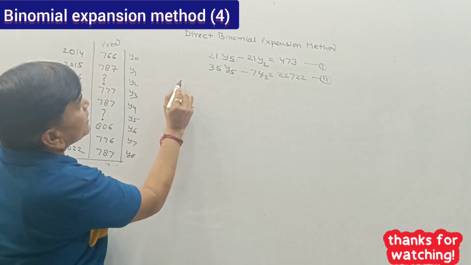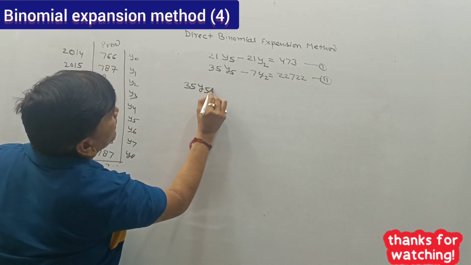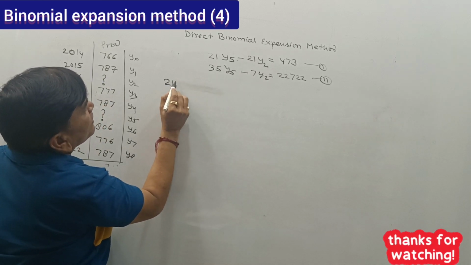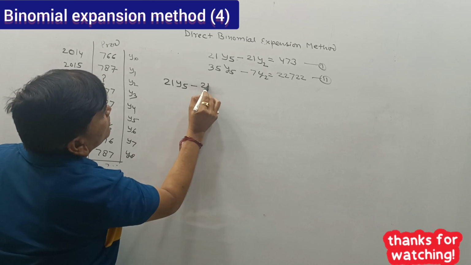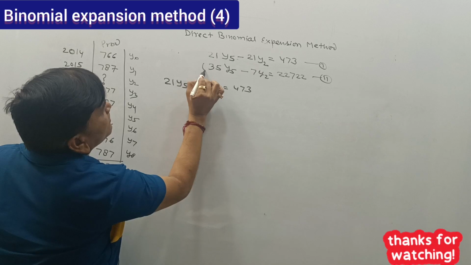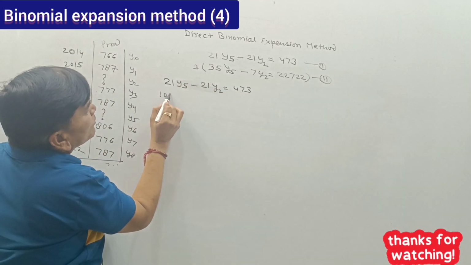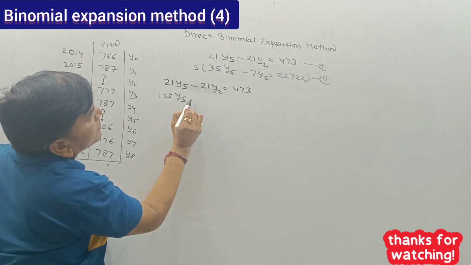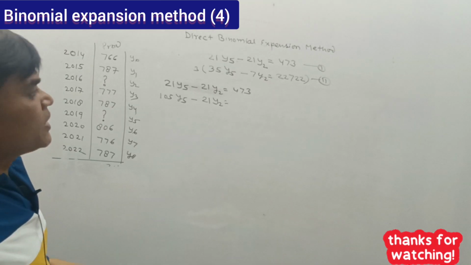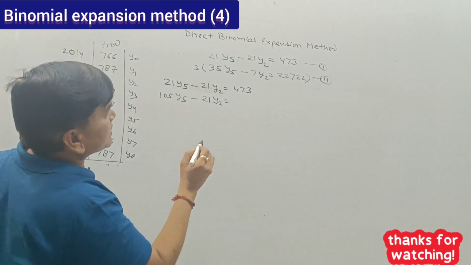So the second equation is 35y5 minus 7y2, and first, I am writing the first equation, 21y5 minus 21y2, that is 473, and this equation multiply by 3. 105y5 minus 21y2, 22,722 multiply by 3, that is 68166.